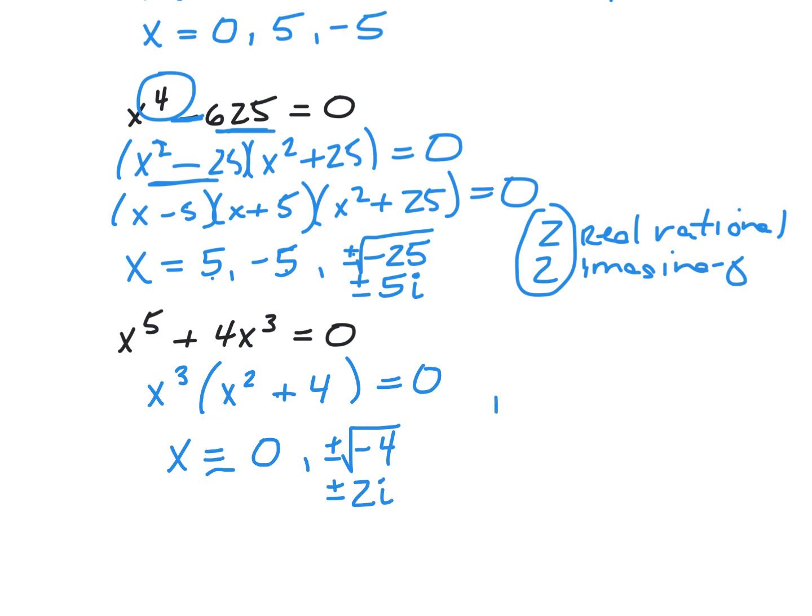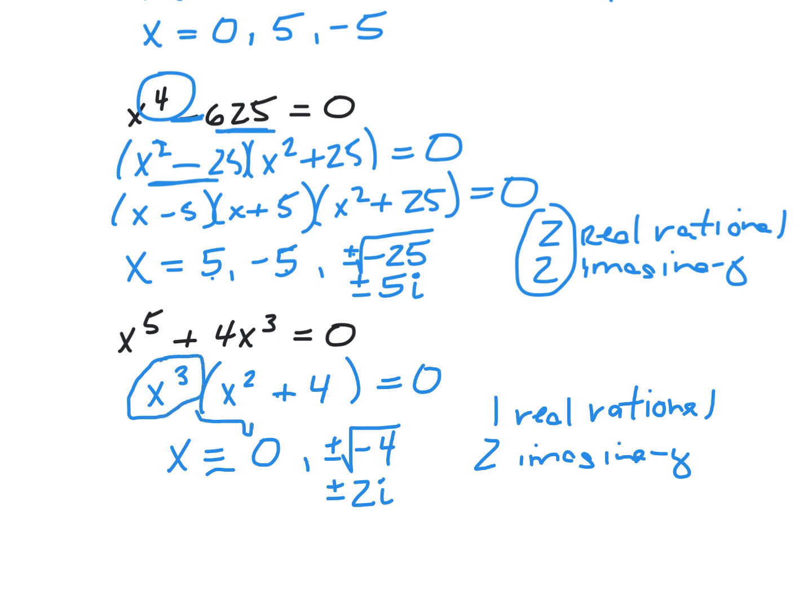So in this case, we have 1 real rational root. I've got 2 imaginaries. But since I had an x cubed here and a solution of 0, that 0, that real rational root, is what we call a triple root.